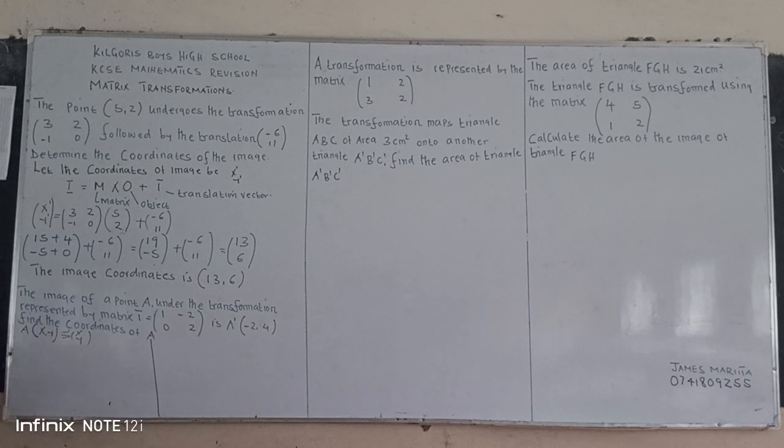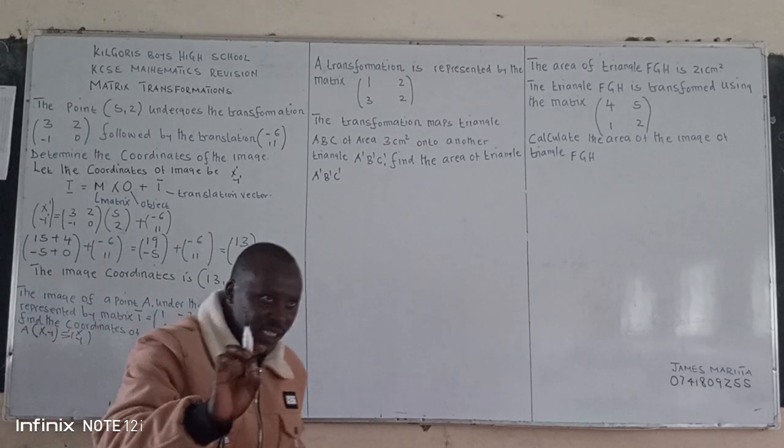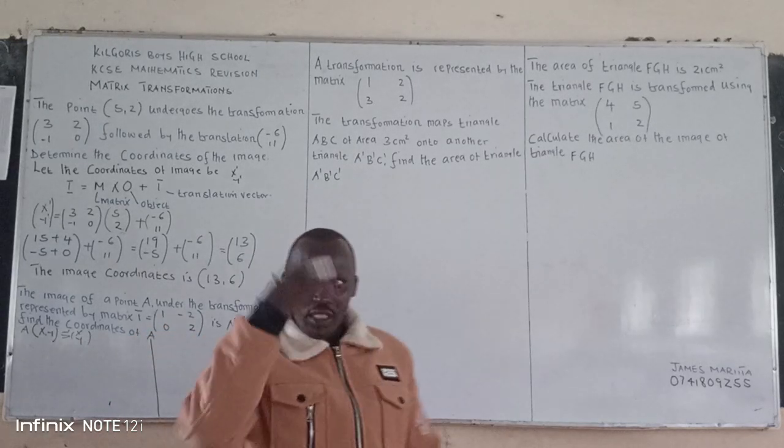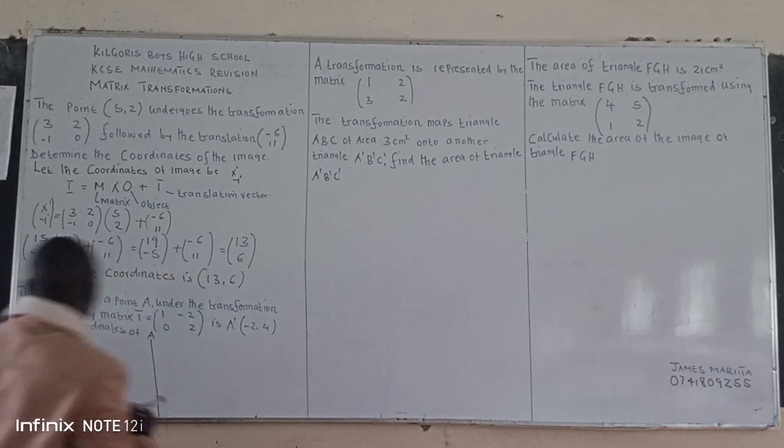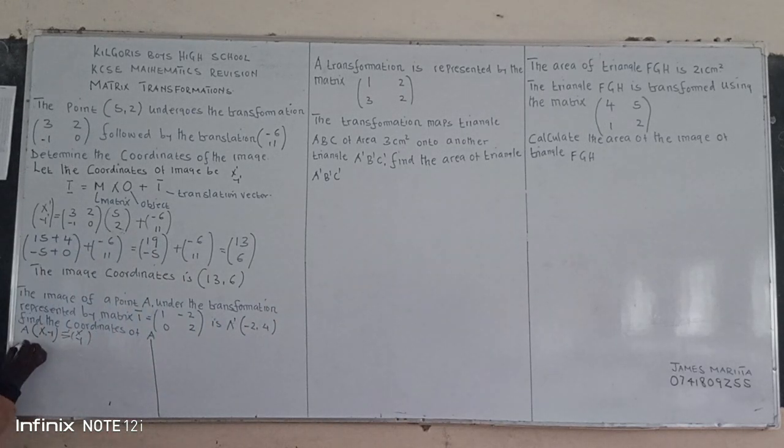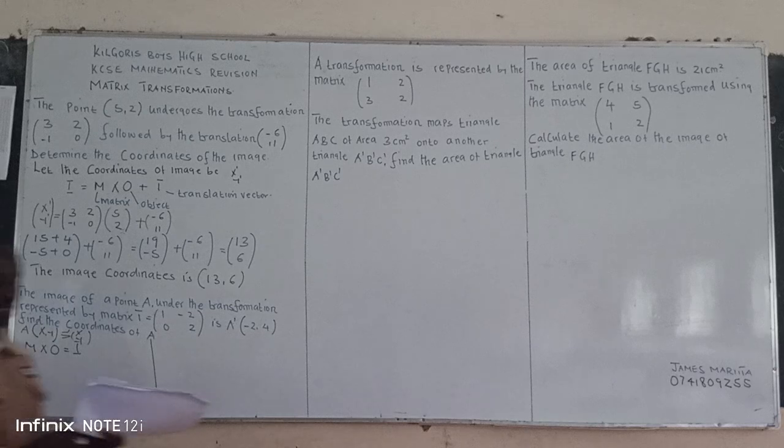We can use the formula that the matrix of transformation times the coordinates of the object is equal to the coordinates of the image.